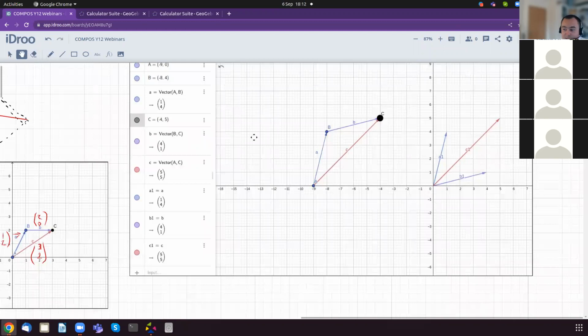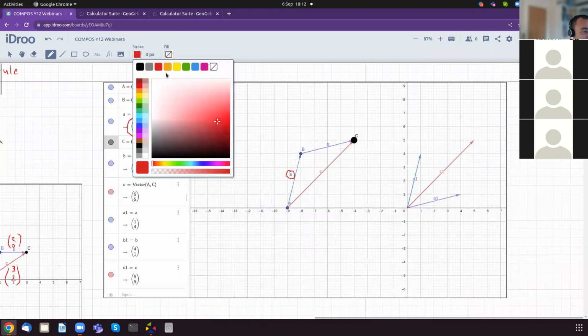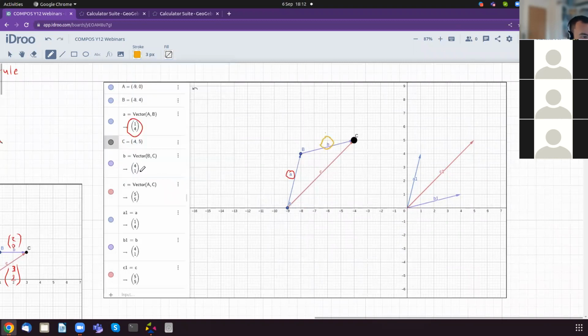You can see here the vectors. So you have vector A, which is (1, 4) in this case. You can see vector B, which is (4, 1). Oh, that's unfortunate.